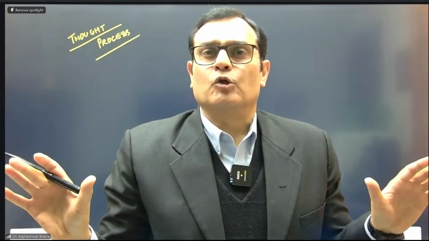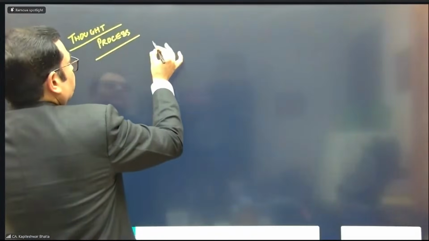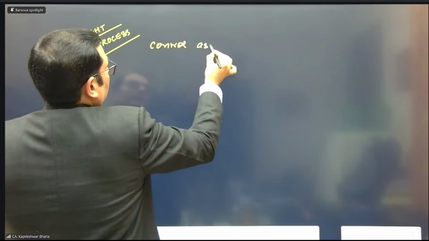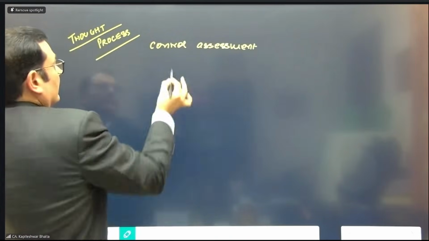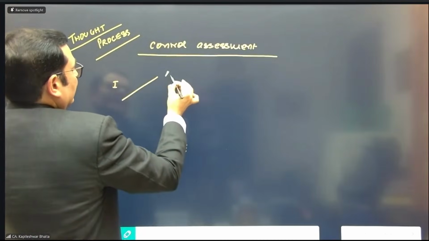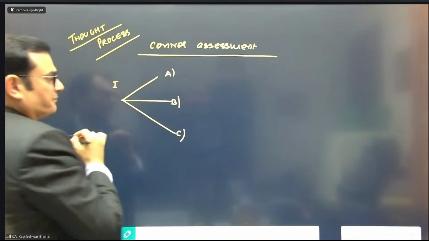So if somebody asks me what is the control assessment under Ind AS 110, I'll say, let me give you a thought process in terms of control assessment: step number 1A, step number 1B, and step number 1C.